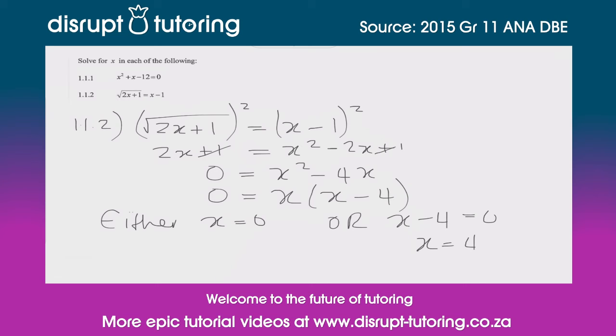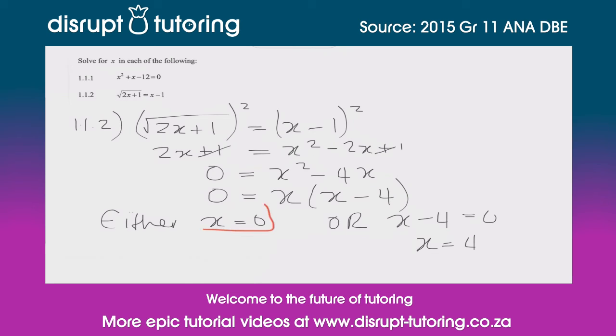Now remember, because we had to square this square root, there may have been a problem in that process. So before we're able to conclude, we need to make sure that these solutions are solutions. The way we do that is we're going to take this x equals 0 and we're going to plug it back in.